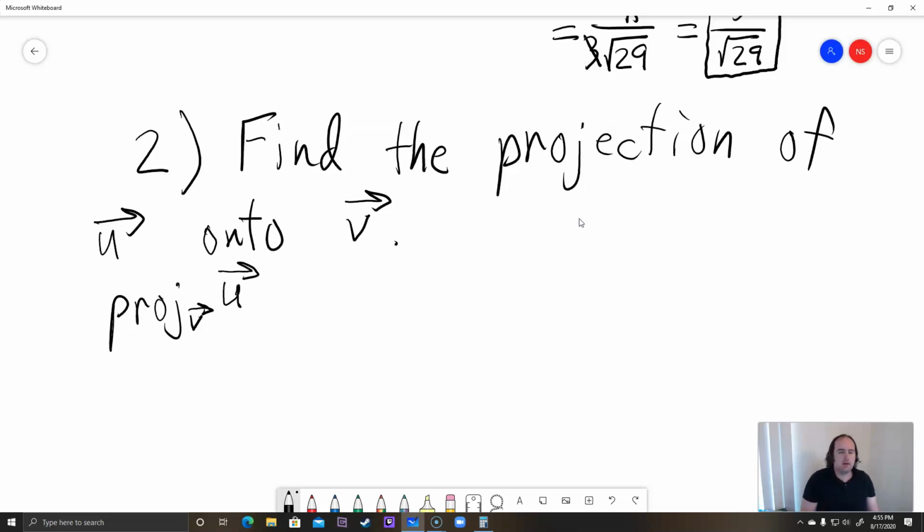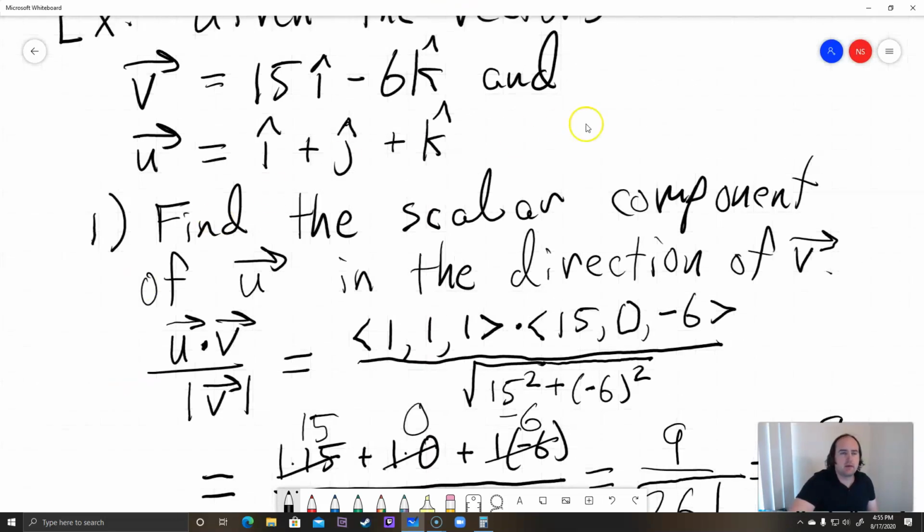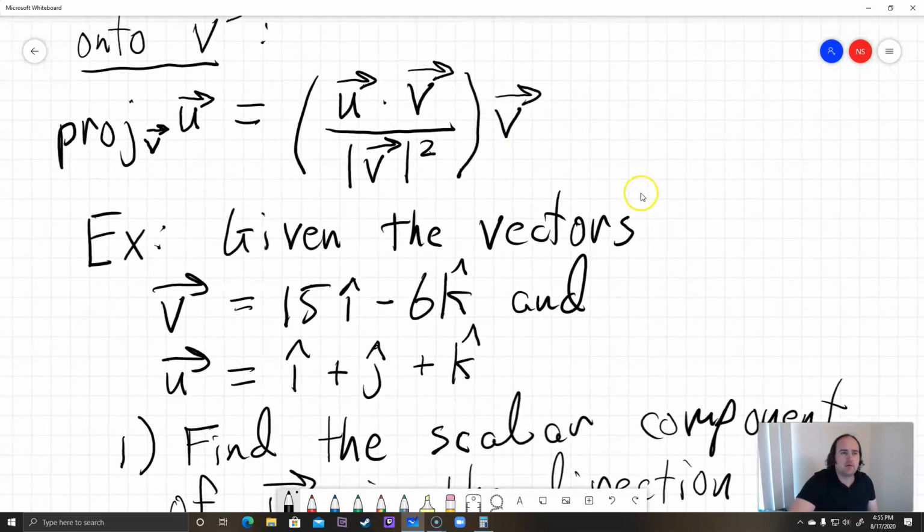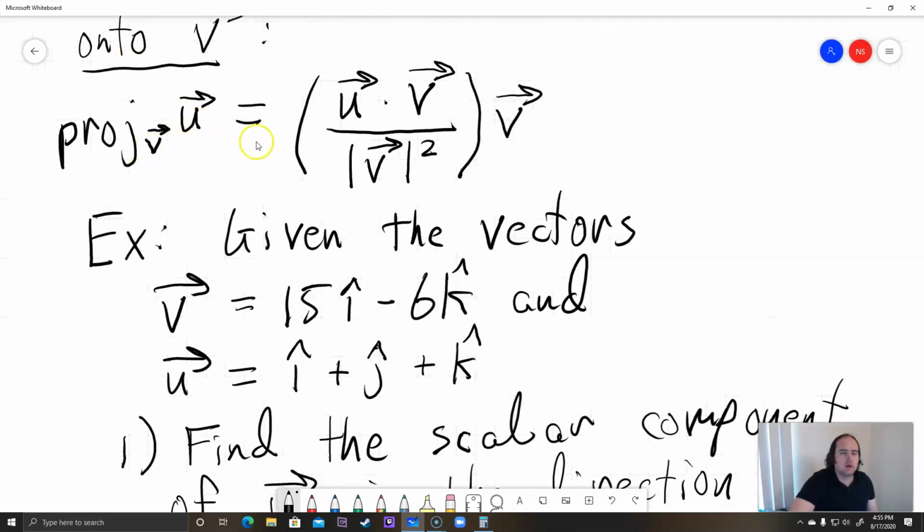Okay. And writing down the formula, let me go back up here and get it again. The formula is going to be right here, which is the quantity u dot v over the length of v squared, all times v.